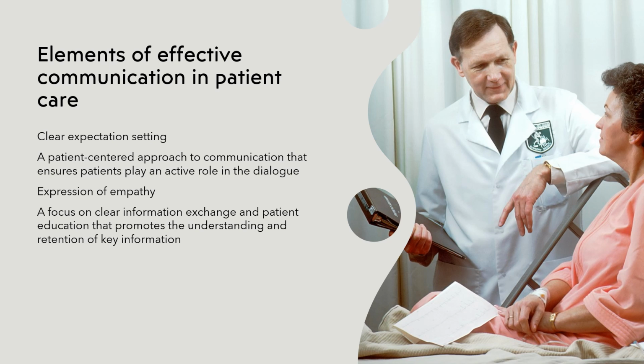When a patient comes into the hospital, you can imagine that they are coming in for some kind of medical condition or procedure. And this is the most important aspect of good communication with the patient. So there are some basic understandings that you need to be able to relate to the patient. For example, clear expectation settings.